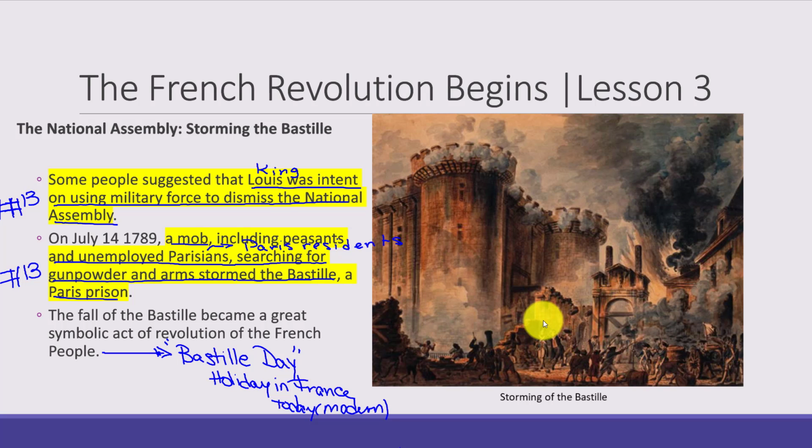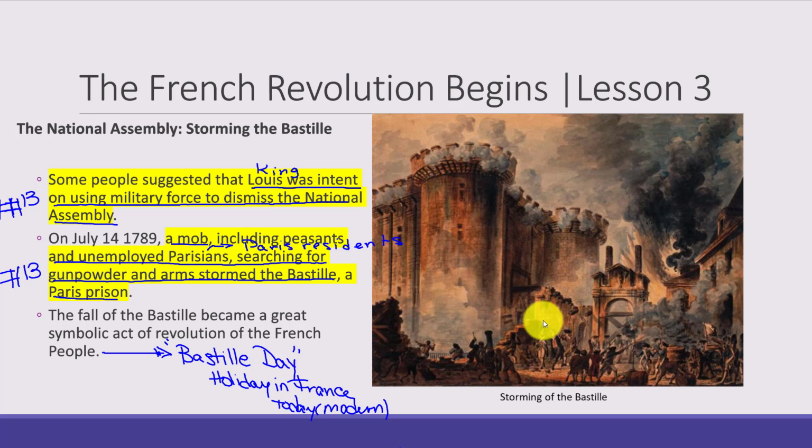And they stormed the Bastille, which was a jail in Paris, and they searched for gunpowder and arms to make sure that they defended themselves. So as I said, this storming of the Bastille and them trying to gain arms to defend themselves became a symbol of revolution and a symbol of the French people taking back their own say in government.